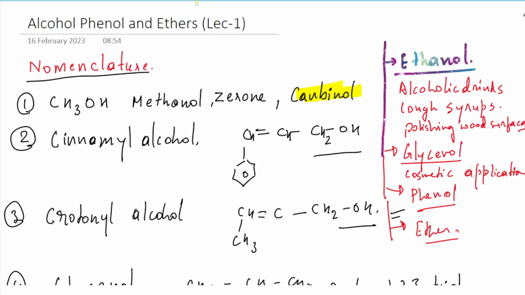If in place of CH2OH it's a CHO, then it will be named cinnamaldehyde, and if it's a COOH, then it will be cinnamic acid. Next to this is crotonyl alcohol. This is CH3 CH double bond CH CH2OH. If in place of CH2OH it's a CHO, then it's crotonaldehyde, and if it's a COOH, then it's crotonic acid.